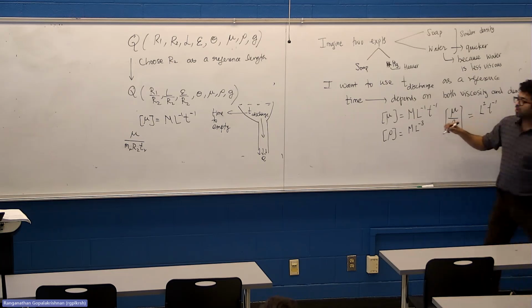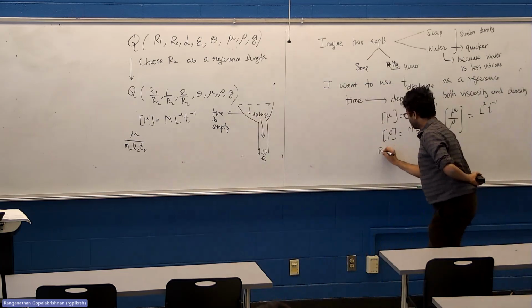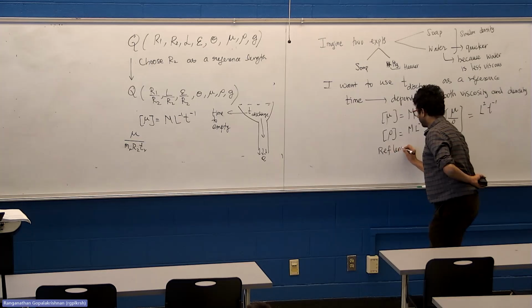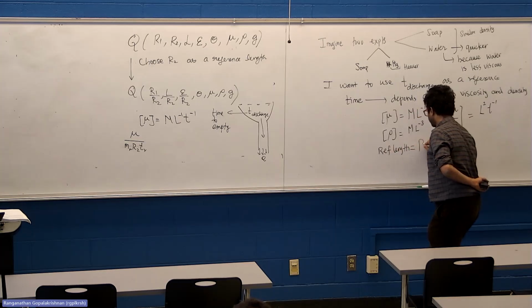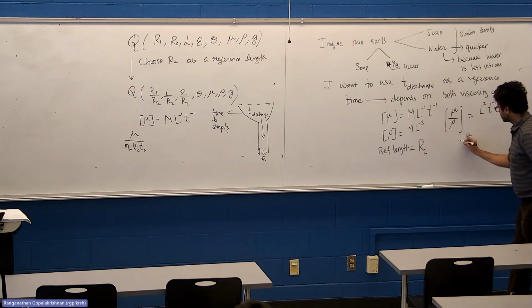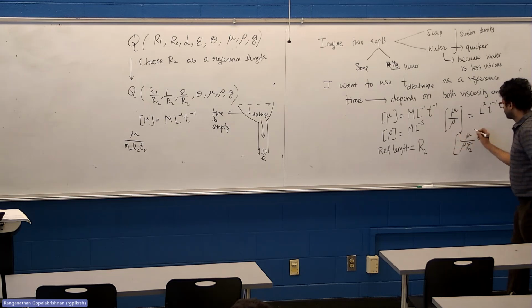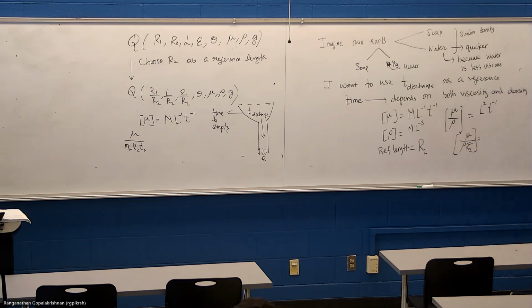Okay. I already have a reference length. And what is that? In this case, that is R2. So if I take the quantity viscosity divided by density divided by R2 squared, what is the dimension of this quantity? Time inverse.